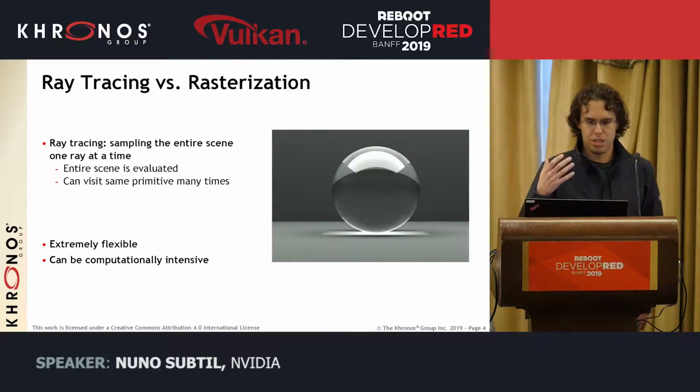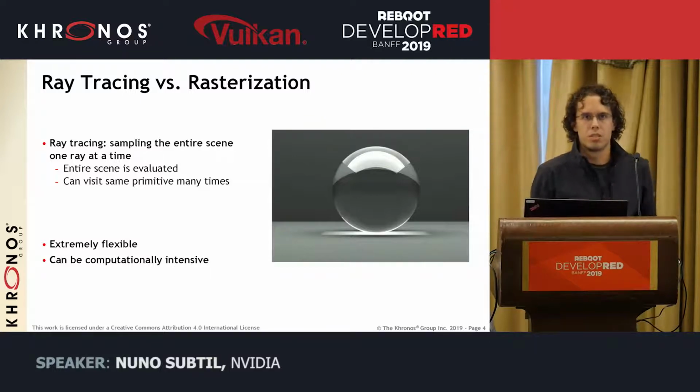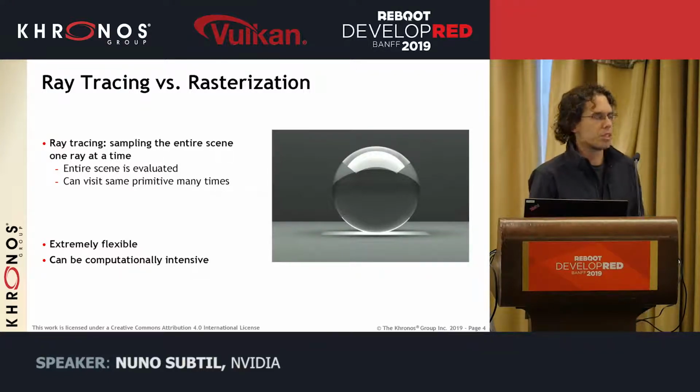You can define an array as carrying a spectrum of light and sample along the spectrum. You can do all of your rendering with physical quantities such that you actually get a physical quantity back if you choose to do so. Obviously, that may be overkill for many applications, but just to illustrate the point that ray tracing is extremely flexible and it allows you to simulate down to the physical principles of how light propagates in a scene if you wish.